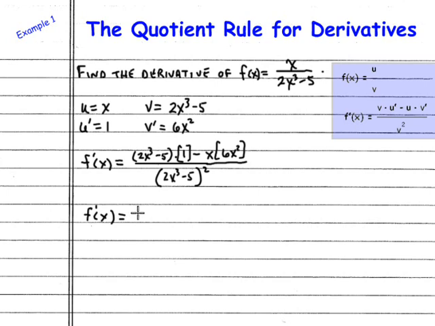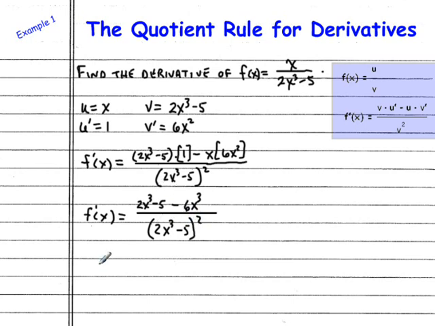So let's build our fraction. Well, here, as I said, we have 2x cubed minus 5, which comes from this multiplication, and then we have minus 6x cubed. And our denominator, of course, is 2x cubed minus 5 to the power 2.